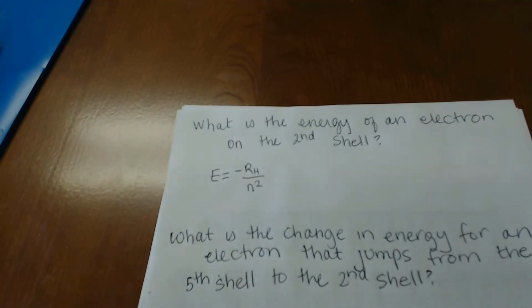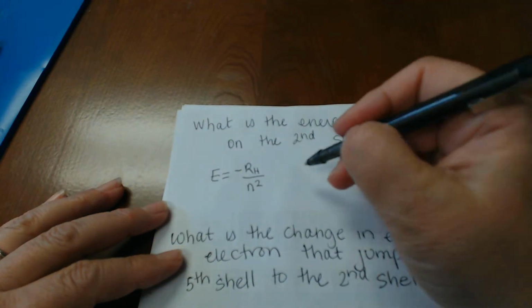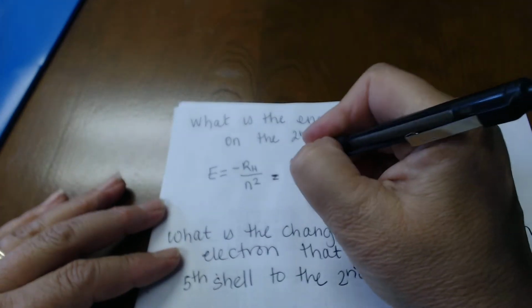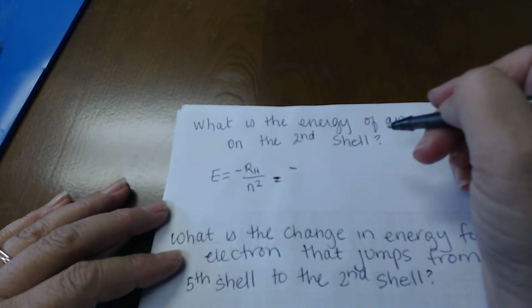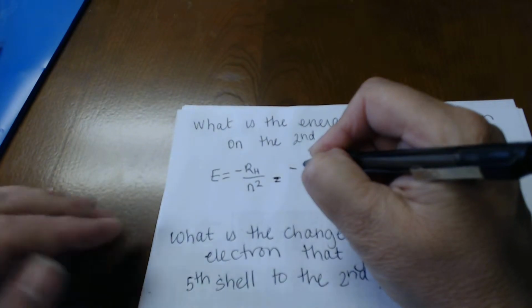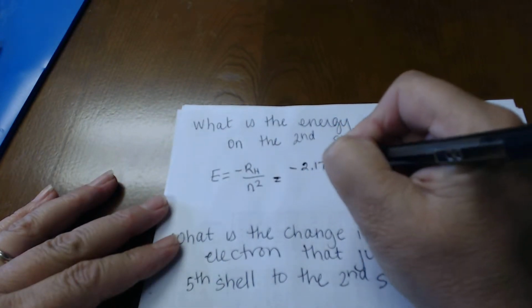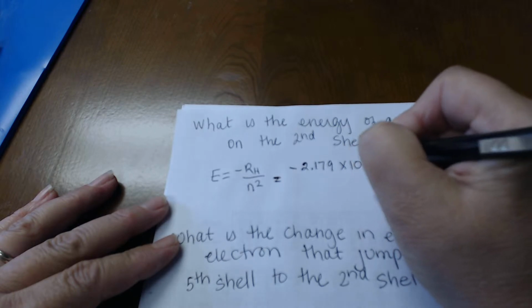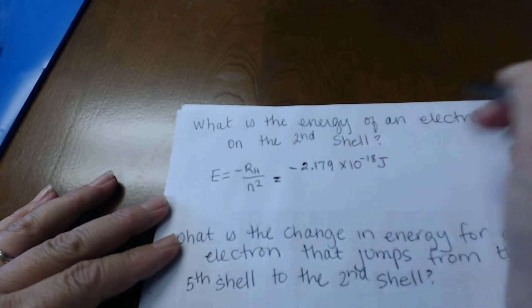So in this case, it's just equal to negative, and the RH is just a constant, negative 2.179 times 10 to the minus 18 joules is the R value.